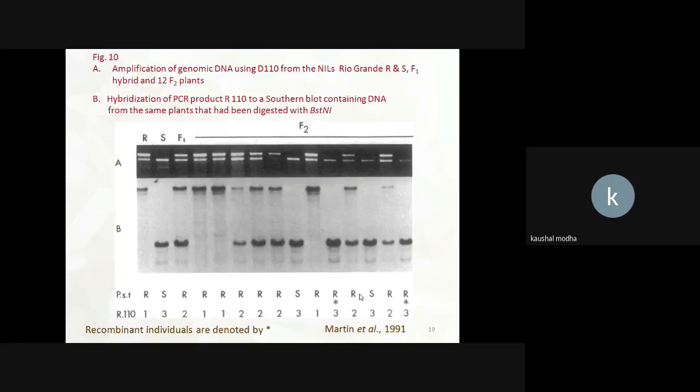Now, how can the marker profile give you an idea about the recombination? Because here we are not applying phenotypic selection. To understand that, I have kept this slide. Let us say these are the two alleles. This is associated with resistance, this is associated with susceptibility. And we develop F1. These are the markers linked with the resistant locus. So this is a codominant marker, and in F1, both these alleles are present. If you consider the F2 individuals from this, you can see this allele is present similar to parent 1.